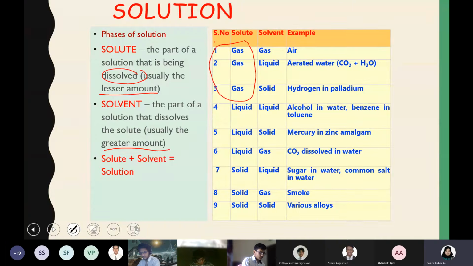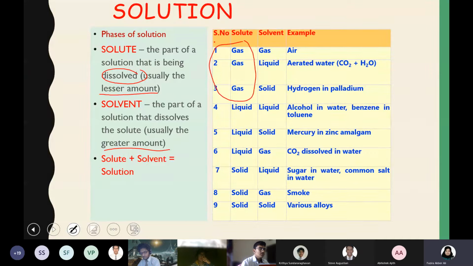In the first case, when both solute and solvent are in the gaseous state, you can take the example of air. Even though it's not a binary mixture but a multinary mixture, it is a homogeneous mixing of different gases like oxygen, nitrogen, helium, neon, argon, carbon dioxide, H2O.